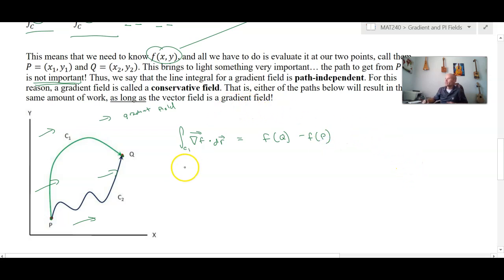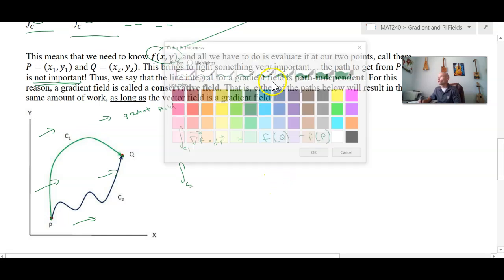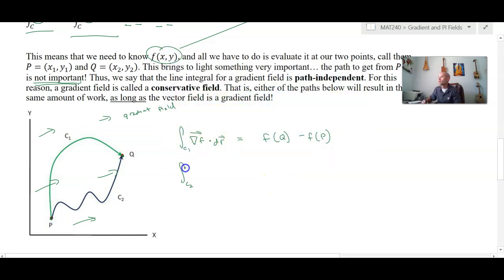Well, what about along curve 2? That's still this gradient field dotted with dr, and that is equal to f of q minus f of p.